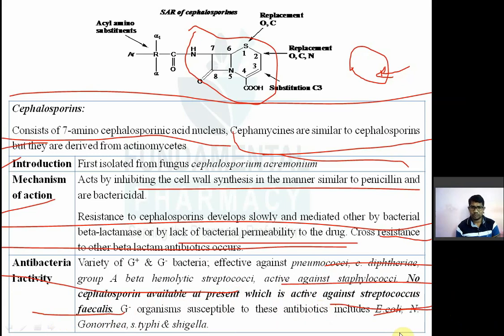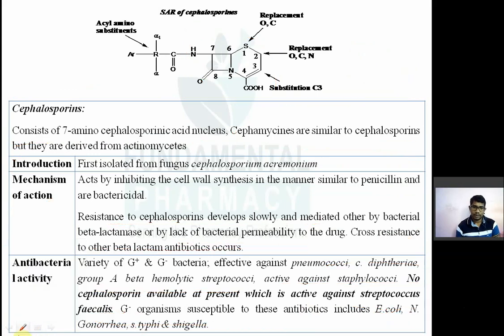Now, among gram-negative organisms, those susceptible to these antibiotics are E. coli, Neisseria gonorrhoeae, Salmonella typhi and Shigella. So cephalosporin will be effective in infections with these organisms.